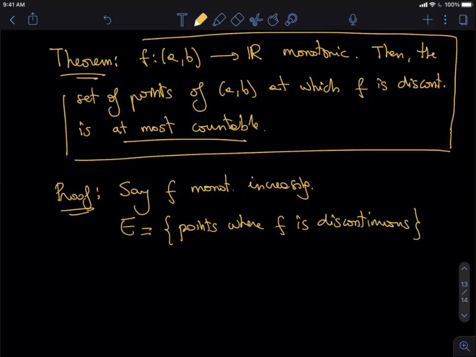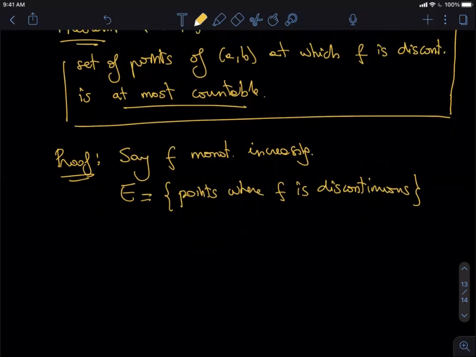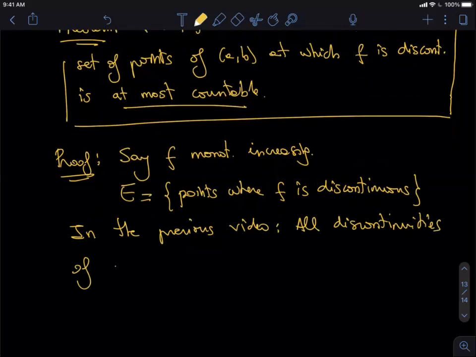Now, we saw in the corollary to the previous video that all the discontinuities of a monotonic function are of the first kind.